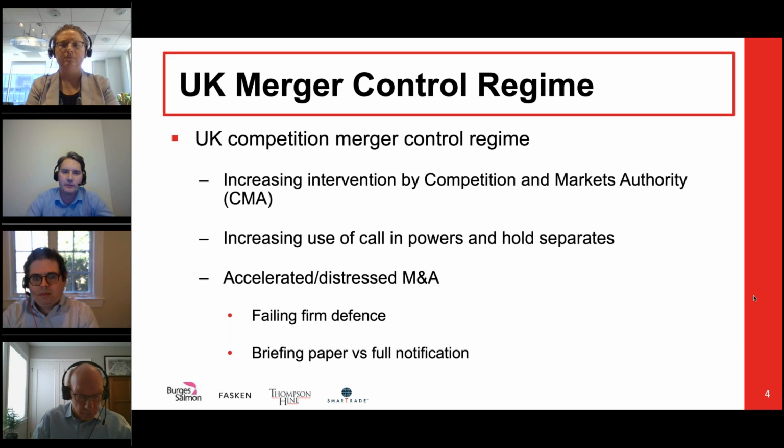And that's with the aim of receiving informal comfort from the CMA that it will not open a formal investigation. And this process, which can actually be significantly shorter at just around 2 to 4 weeks, has been really helpful in the context of accelerated M&A transactions where time is of the essence.